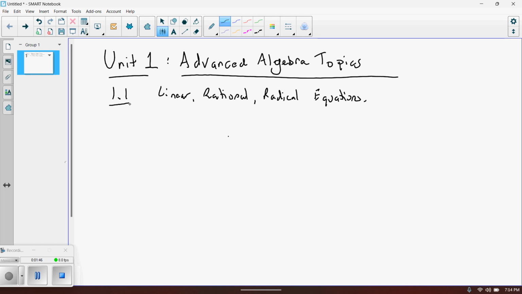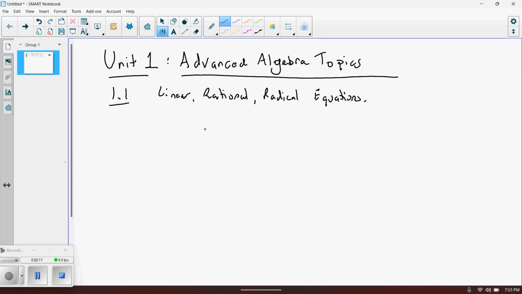Linear will probably be one of the easier ones. Linear just basically means obviously a line. All of your equations are going to be equations of one independent and one dependent variable, typically a y and an x, but not always. And those should be relatively easy for us to solve. A rational function itself is defined to be a polynomial divided by another polynomial.